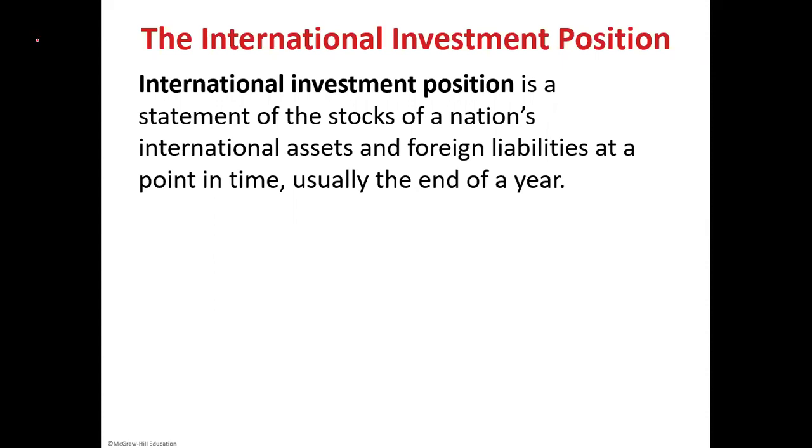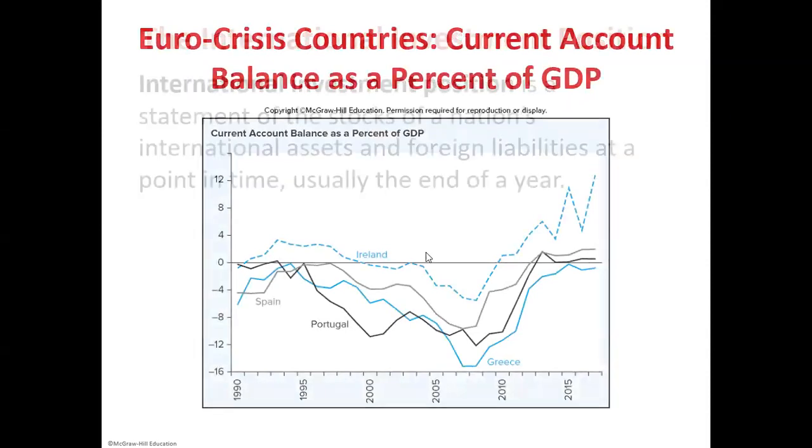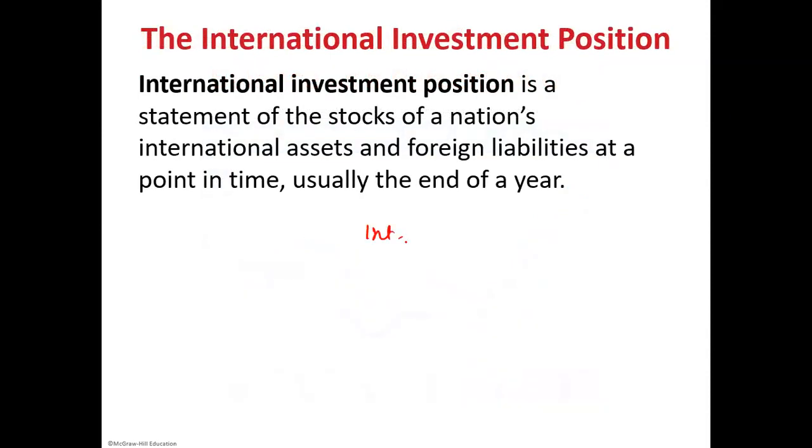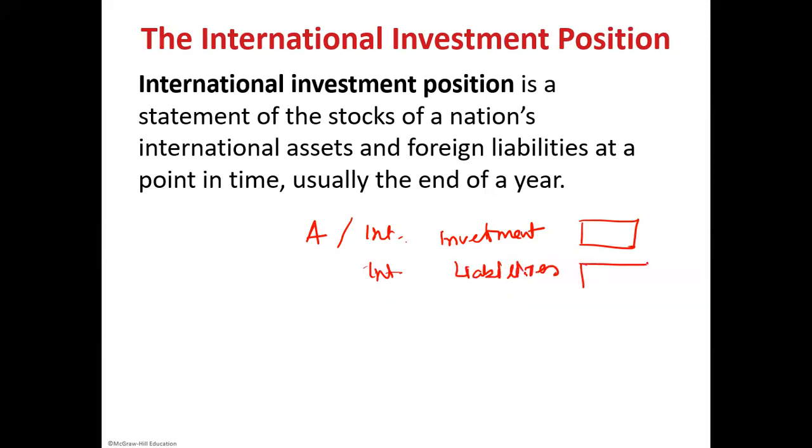So in a statement, what is the international investment? That is obviously the part of your asset. And what are the international or foreign liabilities I'm incurring? That is here.